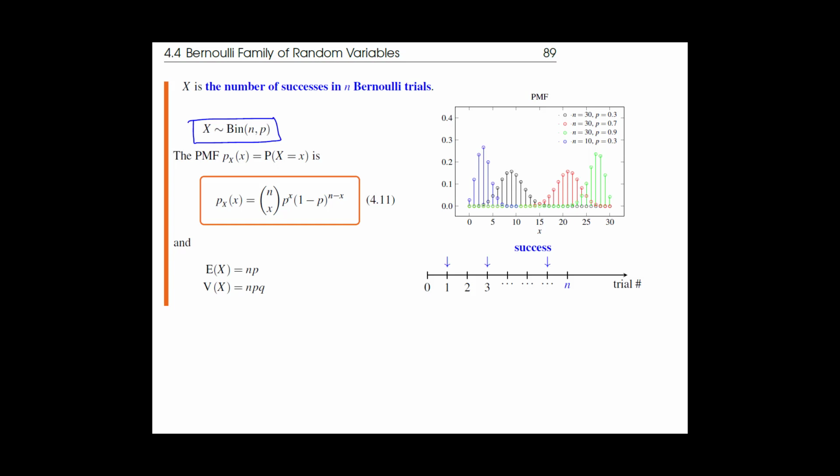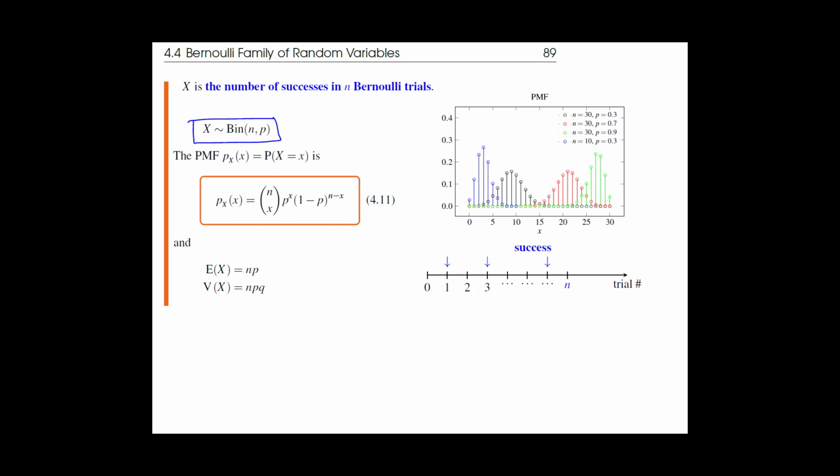So PMF, let's talk about the PMF. And this is the reason we studied combinatorics actually, is for you guys to be able to understand the PMF of a binomial, among other things. All right, so for a binomial, let's look at this trial number line right here.